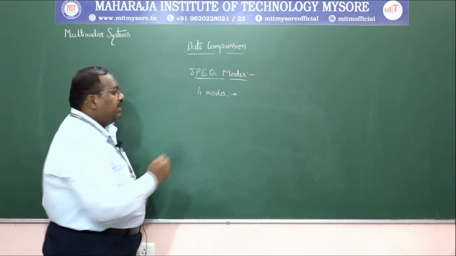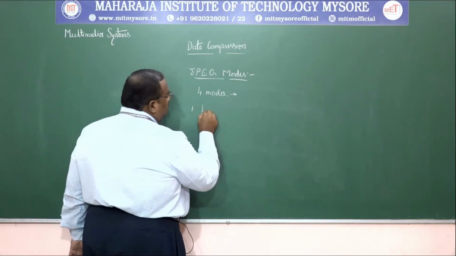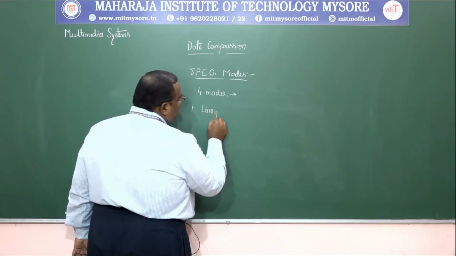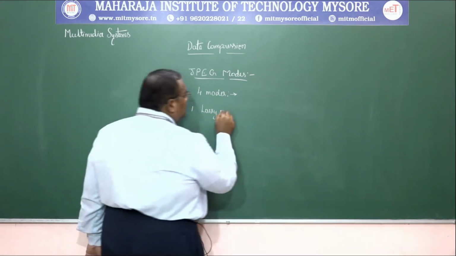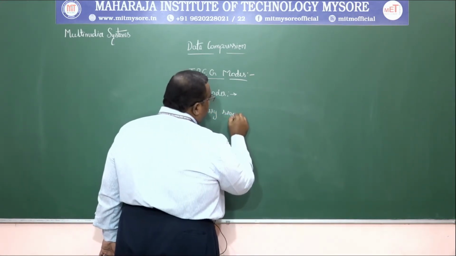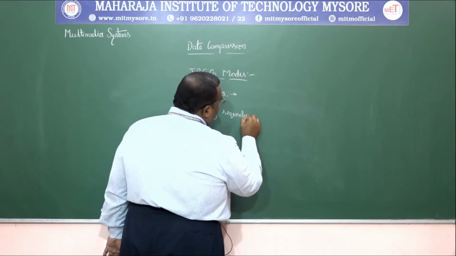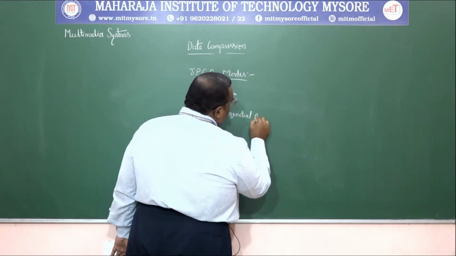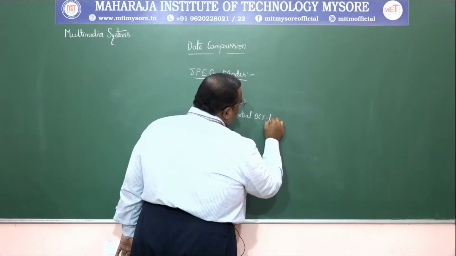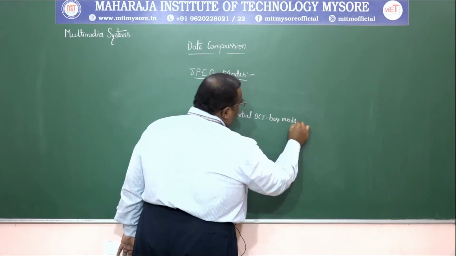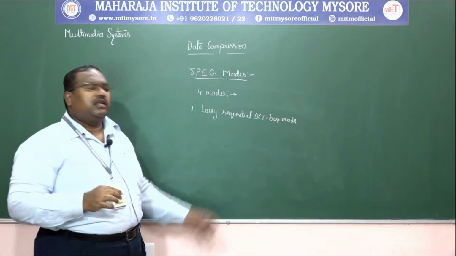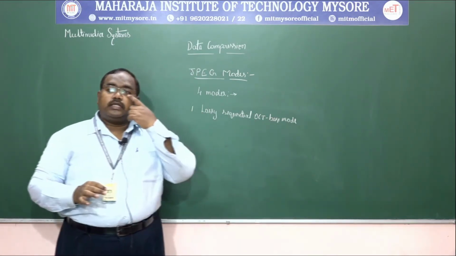The first one is the lossy sequential DCT-based mode. What happens here?